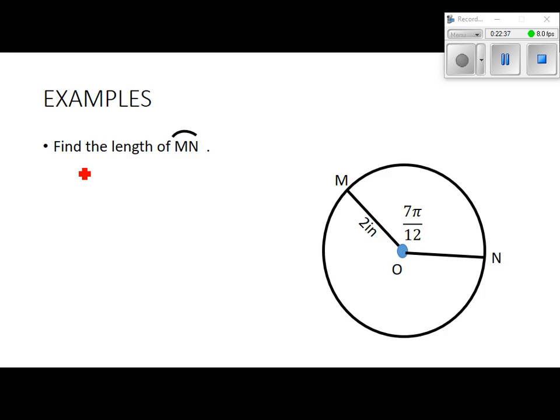So this one, I'm just going to use that second method this time. Arc length over the radius. The reason I'm using this is because they give us our angle here in radians.